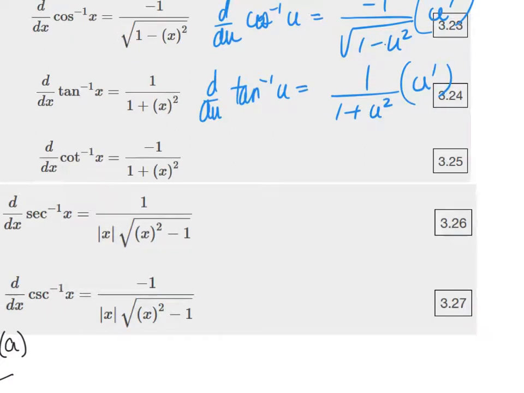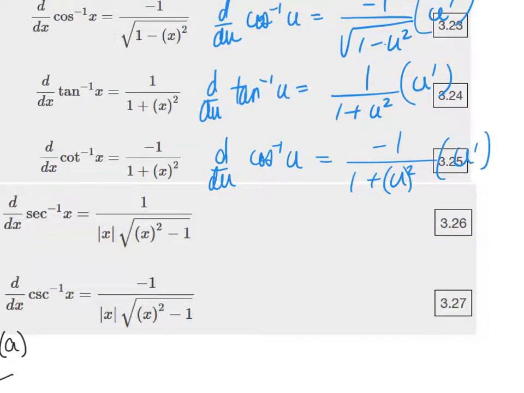And cotangent inverse, cosecant inverse, secant inverse. So d/du of the cotangent inverse of u is negative 1 over 1 plus u squared, multiplied by the derivative of u.